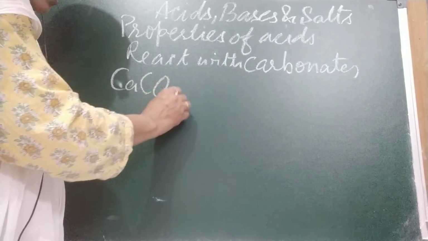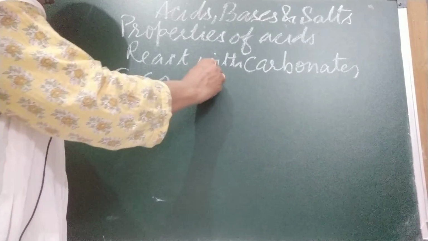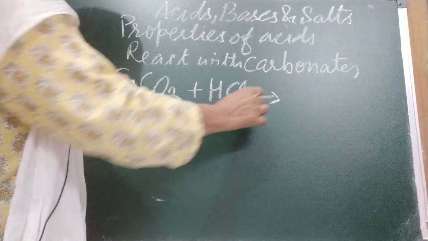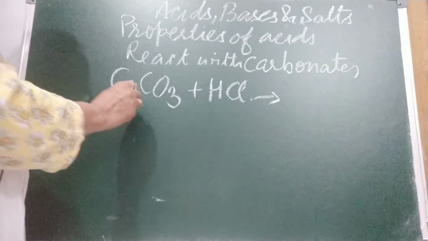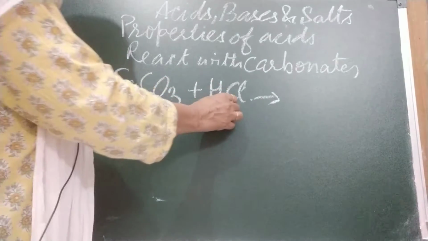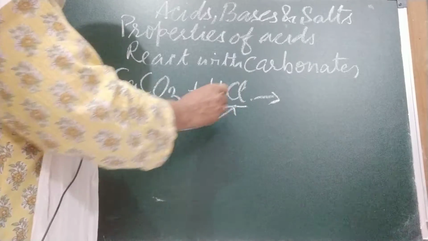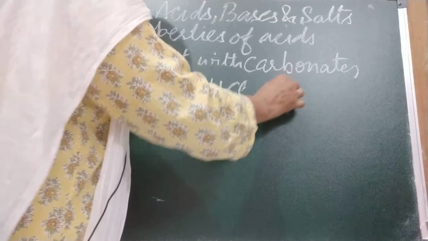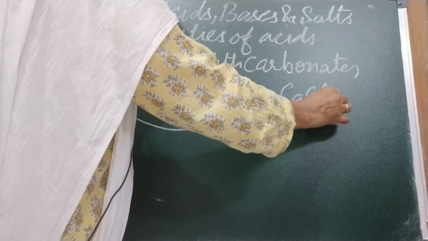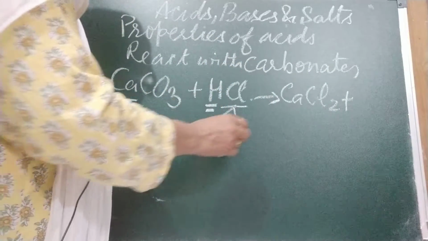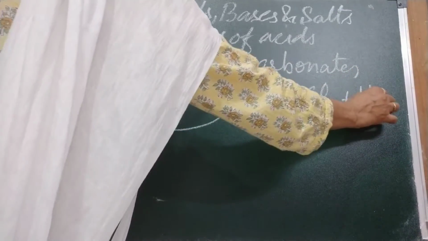This is calcium carbonate. When it reacts with hydrochloric acid, it forms, this is the metallic part and this is the non-metallic part. These two react and give salt, CaCl2, and children, hydrogen is there, so they form water also.